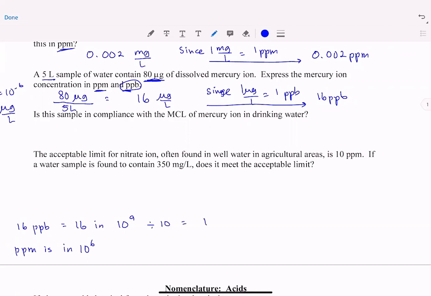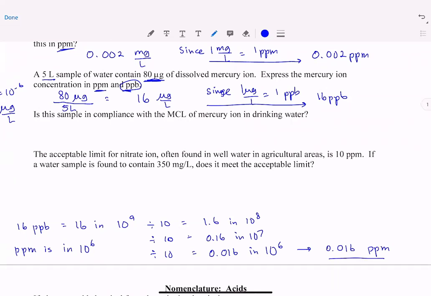So this would be 1.6 in 10 to the 8th, and dividing by 10 again, 0.16 in 10 to the 7th, and dividing by 10 again to get to 0.016 in 10 to the 6th. And so that means that is 0.016 parts per million.